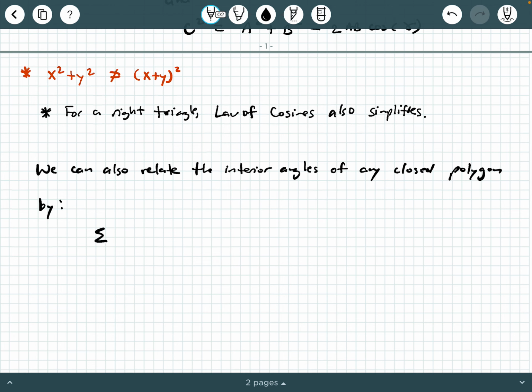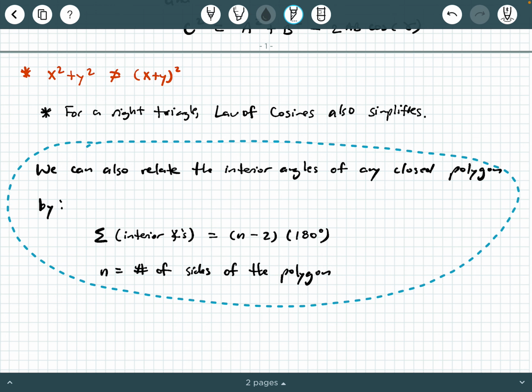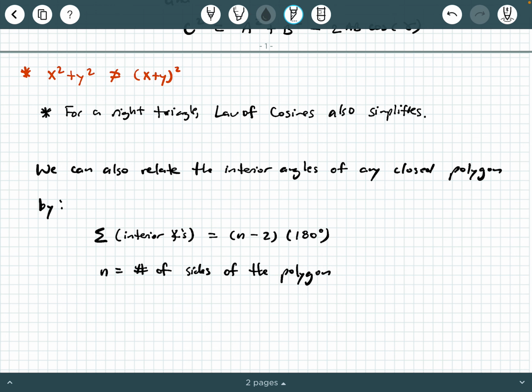We could say the sum of the interior angles is equal to n minus 2 times 180 degrees, where n is the number of sides of the polygon. Okay, so this little handy sentence right here works for all closed polygons. You know, triangles, squares, pentagons, hexagons, whatever.